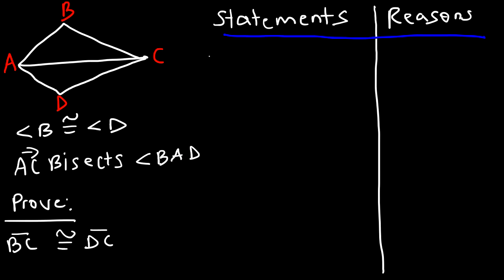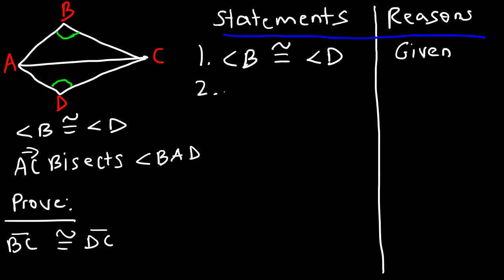Okay, let's start with number 1. We're given that angle B is congruent to angle D. So that's a given. And now let's mark it on the graph. So B is equal to D. Now what else can we do? So number 2, we know that ray AC bisects angle BAD.